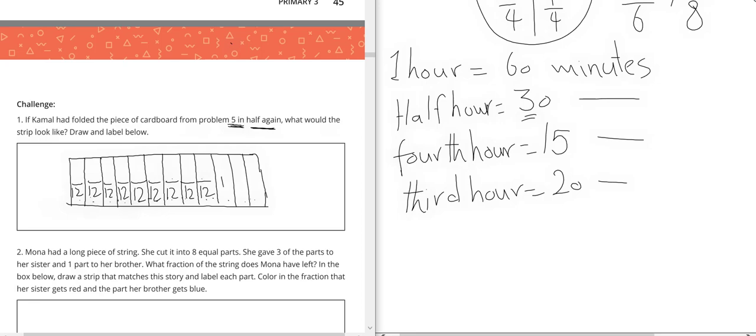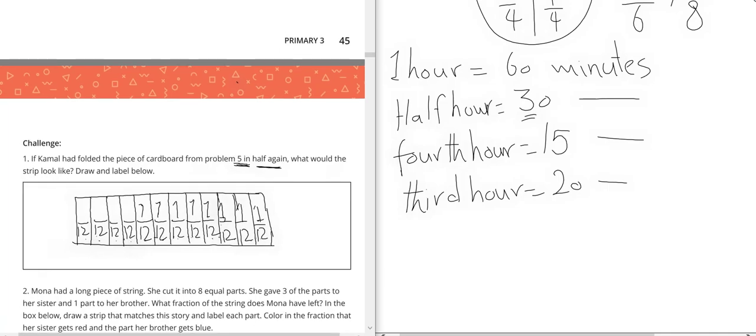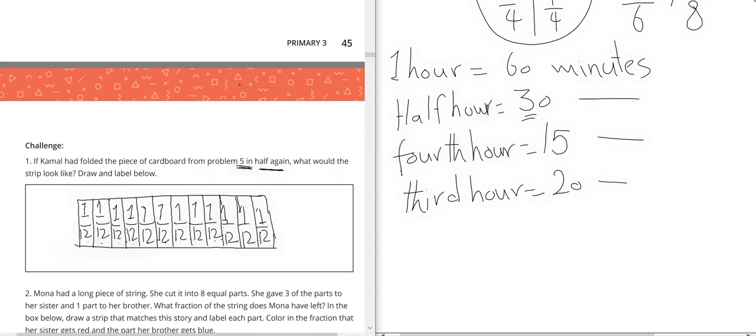We write 12 in the denominator, and 1 in the numerator. So we have 12 equal parts.